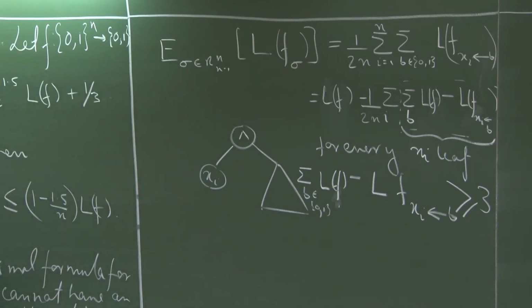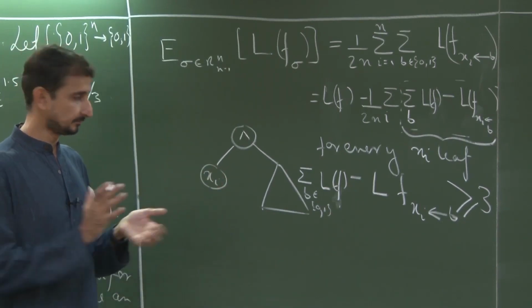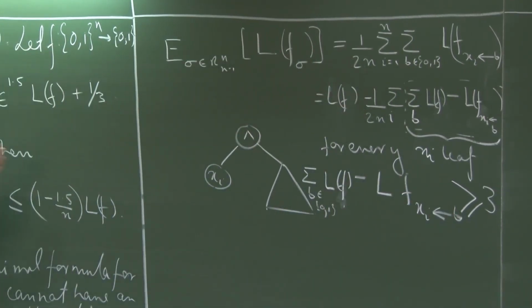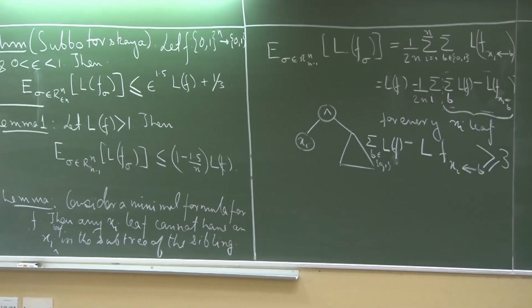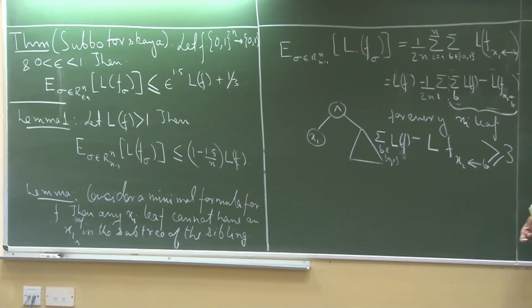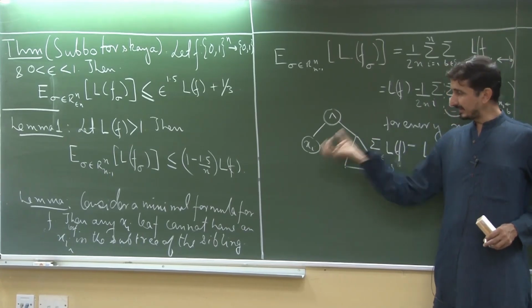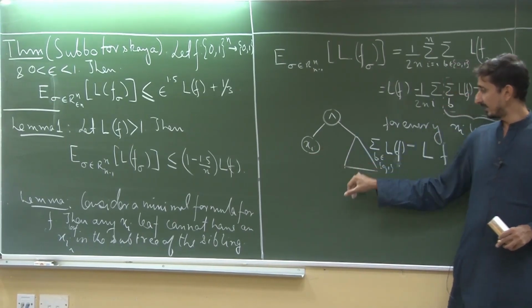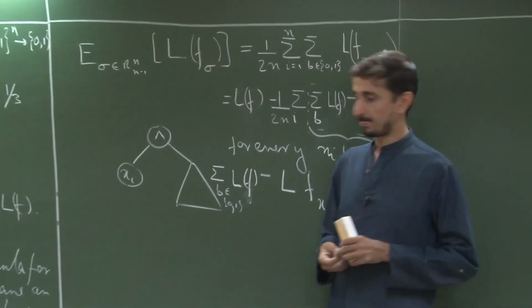At least 3 leaves would get removed. And this is what gives us this 1.5 kind of a thing. 3 leaves basically: for one value of xi, only that leaf will be removed, and for the other value of xi, some leaf over here and some leaf over here, total 3.